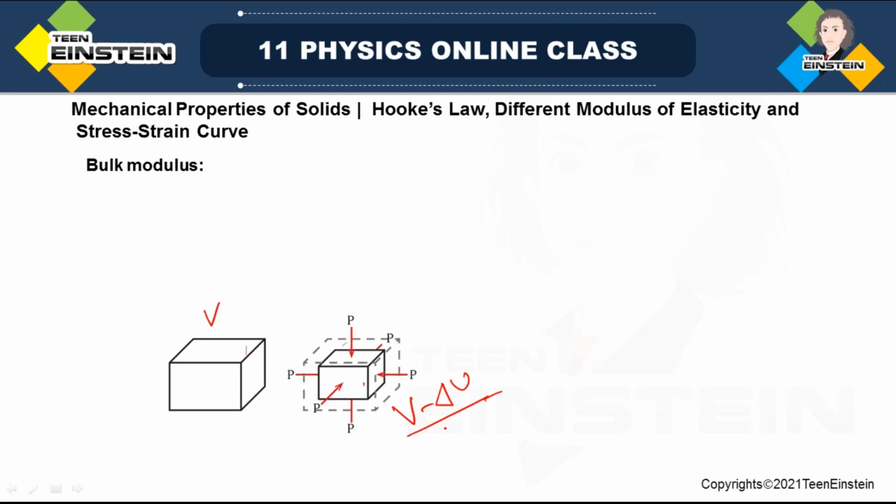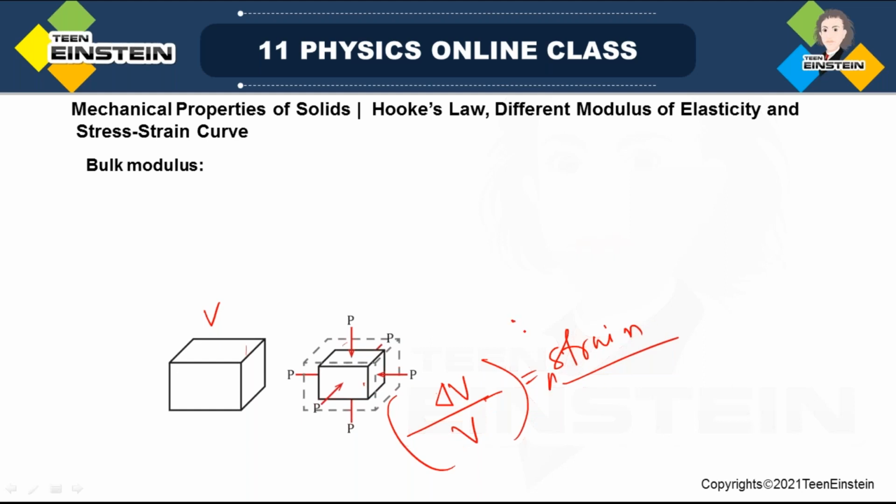So now see, if earlier it was V, so this will be the strain, volumetric strain. Delta V is the change and V is the original.